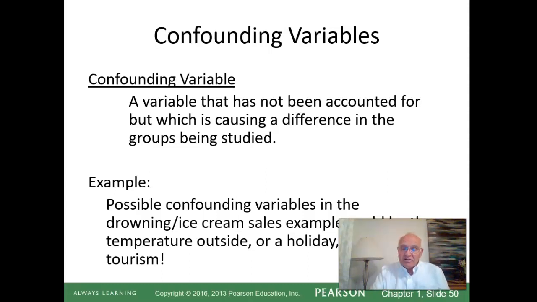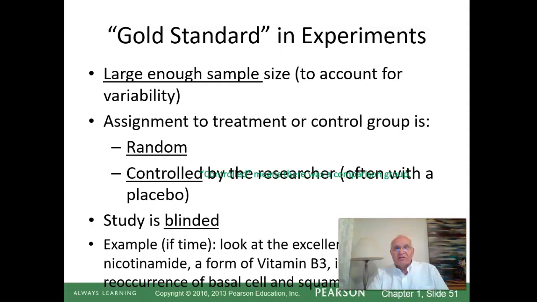Occasionally you have something called a confounding variable, where something is causing an effect that you see, like the drowning. That's probably just because it's warm outside, more people are buying ice cream, or it's a holiday, or you've got tourists coming in because it's the summer. So you expect both things to happen at the same time as you get more people there.